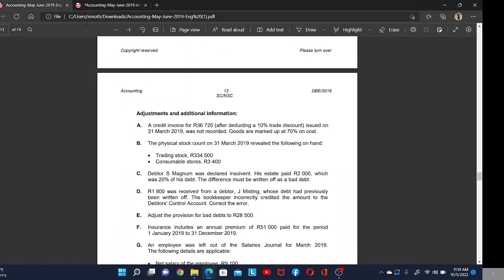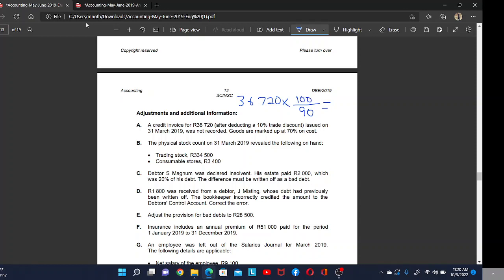Remember, they said after deducting a 10% trade discount, and then the goods are marked up at 70% on cost. So we need to find the selling price before the trade discount was deducted. Below we're going to put what we have. Because we have subtracted that 10%, the remaining one is 90%. So now we are looking for the 100%.